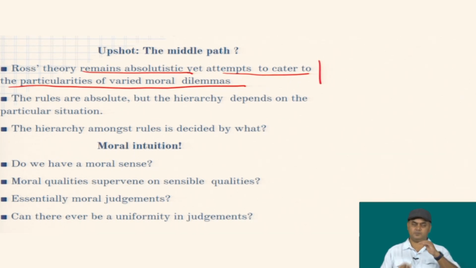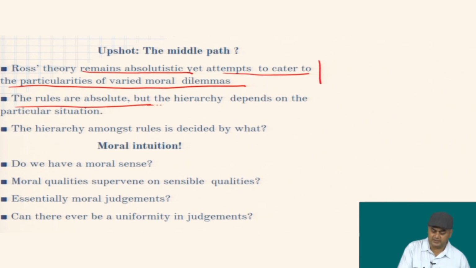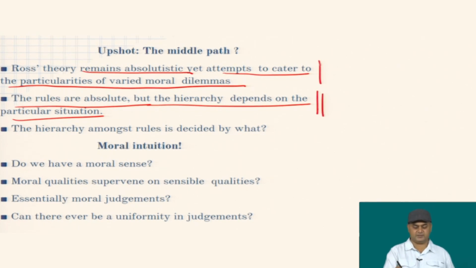By keeping the hierarchy between these rules situation dependent, so agent dependent. So, the rules are absolute, but the hierarchy depends on the particular situation. This makes it absolute, and this makes it accommodative.